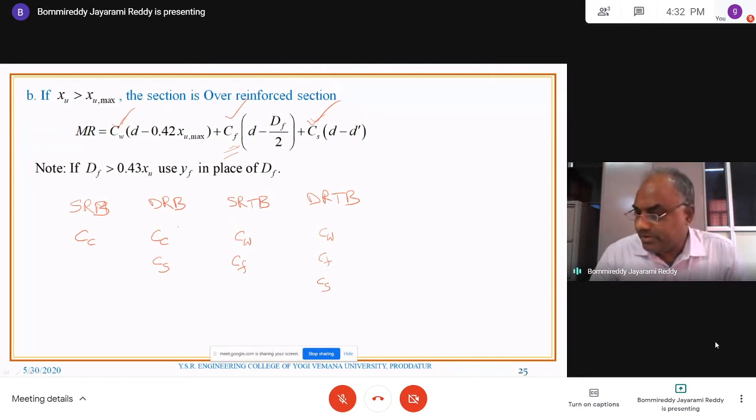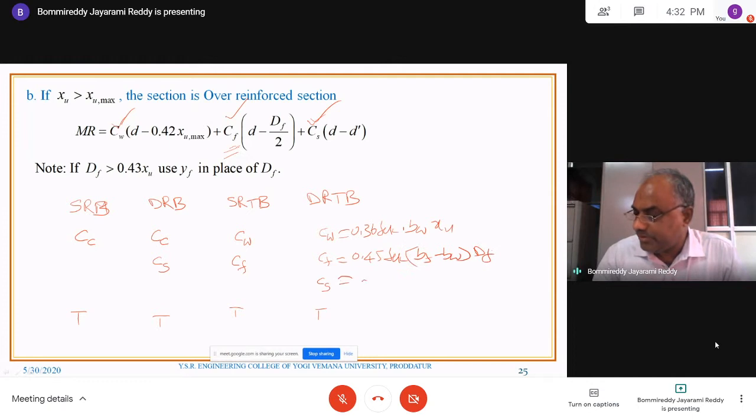That's all. In case of singly reinforced, this will be equal to T. In case of doubly reinforced, the sum of these two equals T. In case of singly reinforced T-beam, the sum of these two equals T. In case of doubly reinforced T-beam, the sum of these terms will be equal to T. And you know all these terms. CW is 0.36 FCK B into XU. CF means 0.45 FCK (BF minus BW) multiplied by DF.